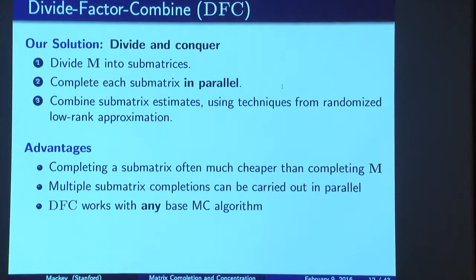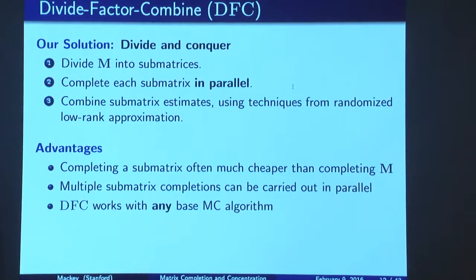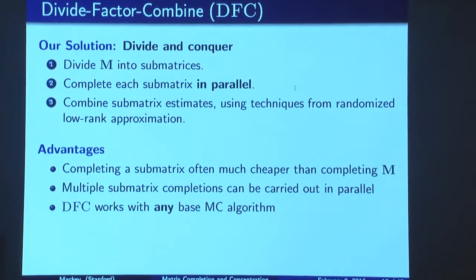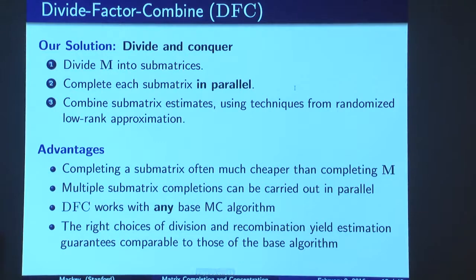You can use this with any base matrix completion algorithm. So you could use it with these algorithms that have provable guarantees, but if you have another algorithm that has other nice properties, you could just plug that in instead and wrap this framework around it. And with the right choice of division and recombination, you actually can achieve estimation guarantees comparable to your original base algorithm.